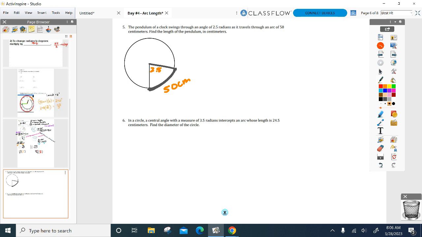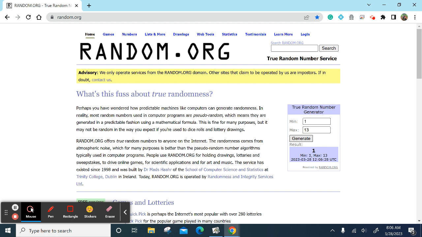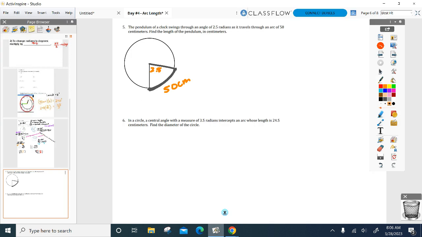Instead, I'm asking to find the length of the pendulum. What's that the same as? The length of the pendulum is also the what of the circle here? Radius. I'm looking for the radius. See, that's the problem with word problems. I don't come out and say the vocabulary term. I turn it into a pendulum instead. But the pendulum length is the radius.